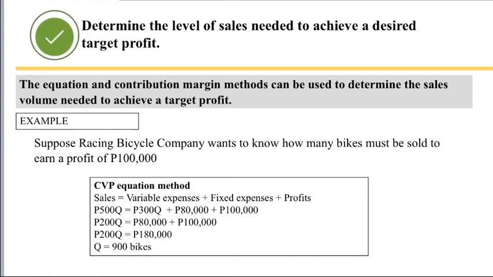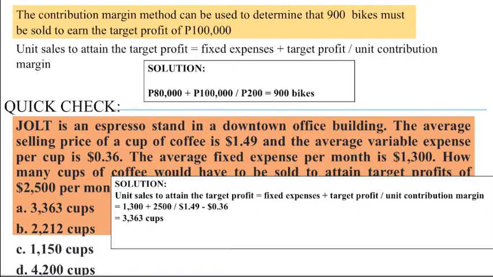Sales become 200 pesos Q because 500 minus 300 equals 200, plus fixed expenses 80,000 pesos, plus profit 100,000 pesos equals 180,000 pesos. So 180,000 pesos divided by 200 pesos Q equals 900 bikes.